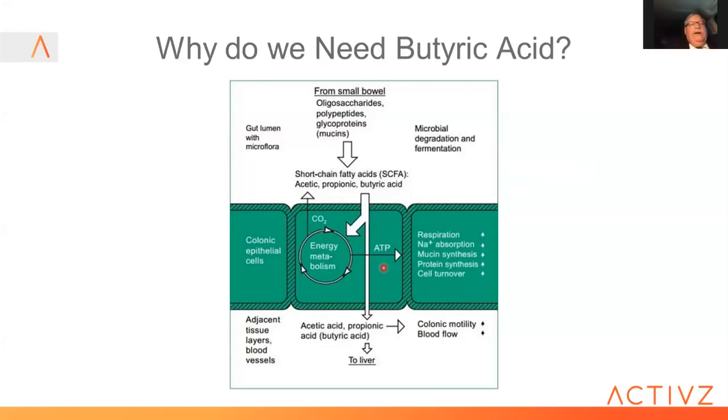Once you get past this epithelial cell lining, then you see the actual process of the nutrition entering into the bloodstream and moving forward. Some will go to the liver, some of it will go on into the blood flow, but this is the actual process, the mechanism that is occurring in a healthy gut system. Let's go to the next slide.